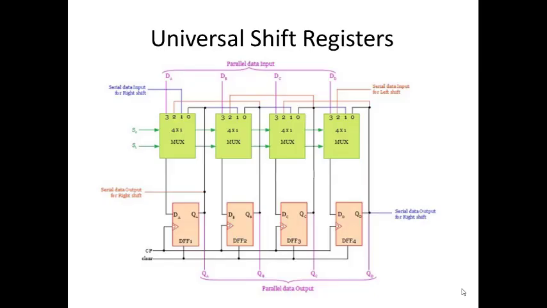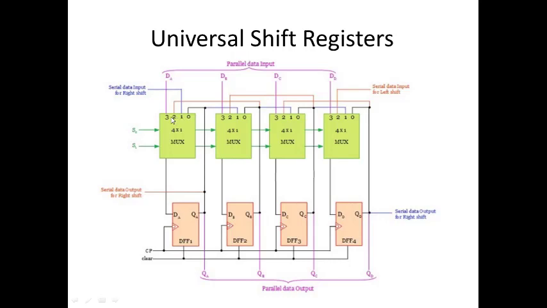And coming to the Universal Shift Register, by using D flip-flops, I have already discussed the theory in my previous lectures. Here we are going to use 4 D flip-flops with the help of a mux: 0 for no change, 1 for shift right, 2 for shift left, and 3 for the parallel operation.